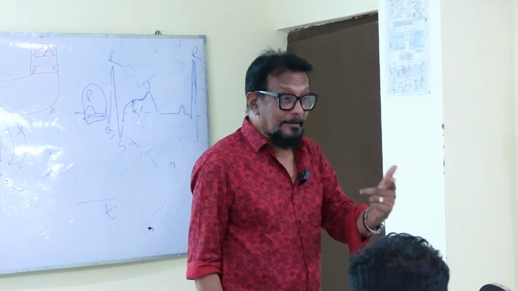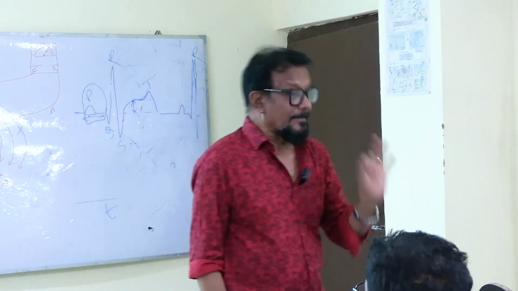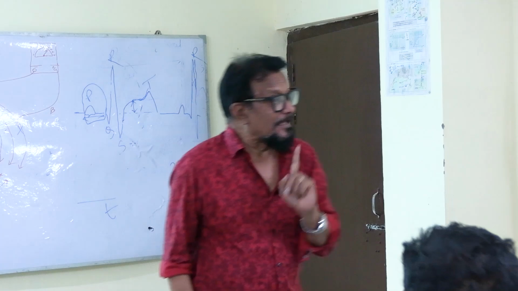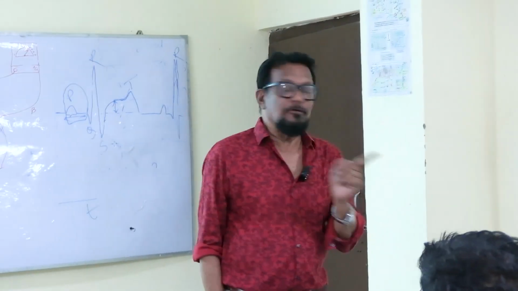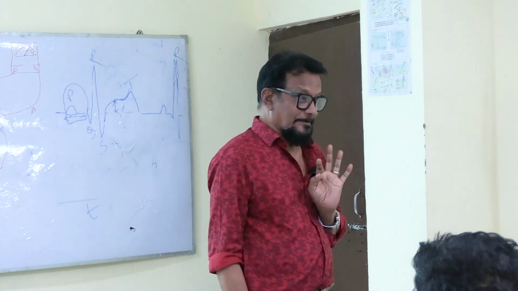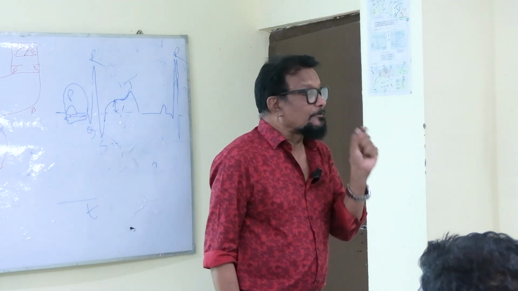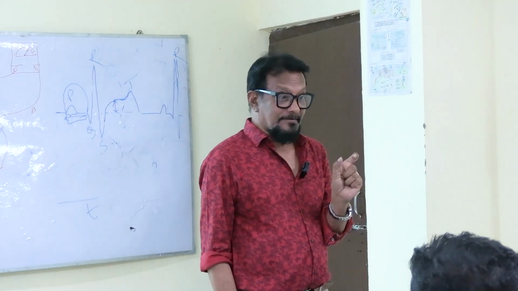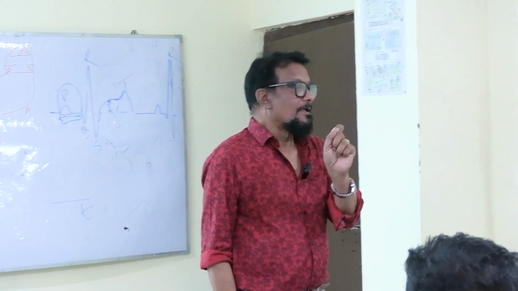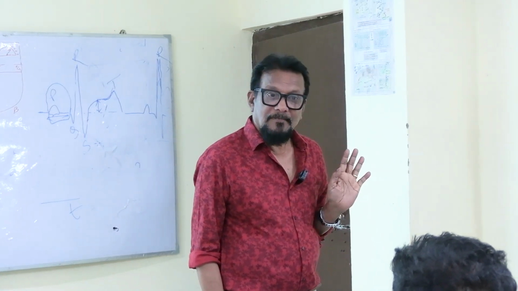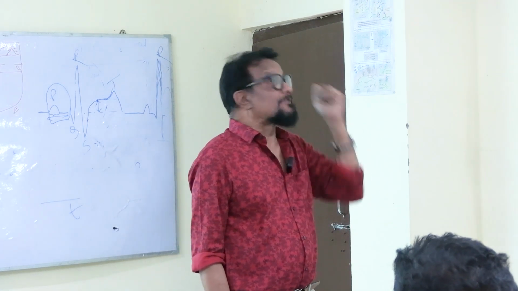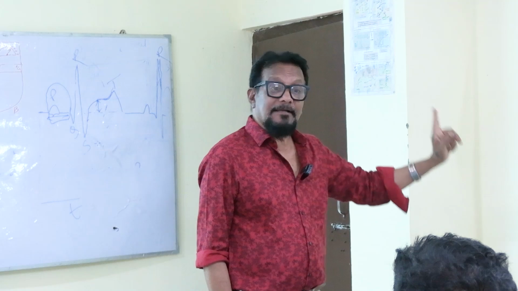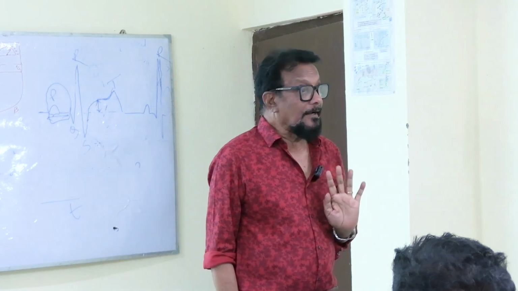So what will you be doing? Immediately, okay, go for an ECG. If there is any change, really there is a change, it will be reflected in your ECG. Okay, particularly in the ST segment and in the T wave. So by noting these changes, you can say, yes, there is ischemia.